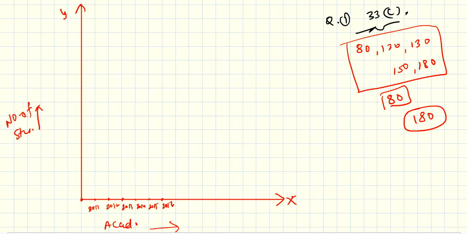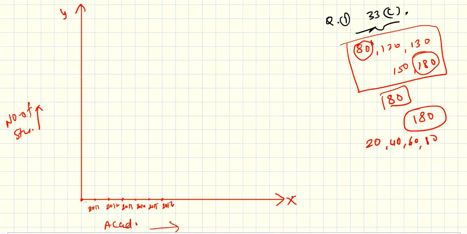Now in this the smallest is 80 and the biggest is 180. यहाँ पे आप देख सकते हैं स्केल आपको गिवन है. अगर आप स्केल 20 के पेयर में लेते हैं, 20, 40, 60, 80, तो ये इजी होगा प्लॉट करना.